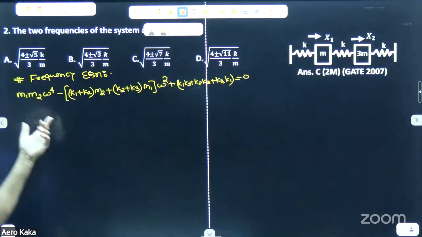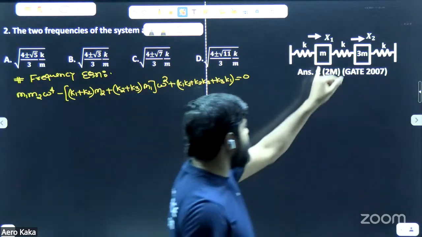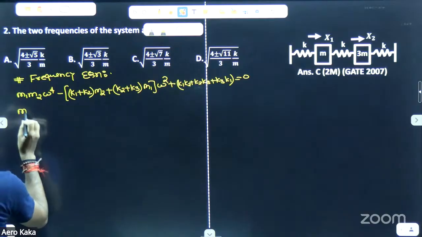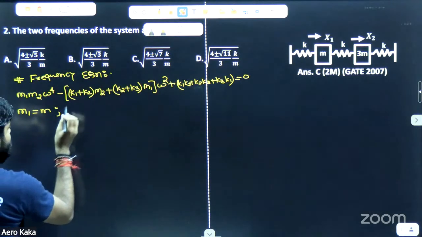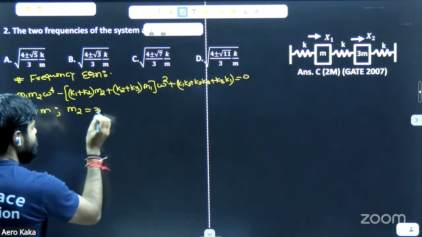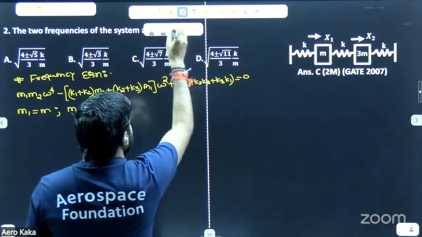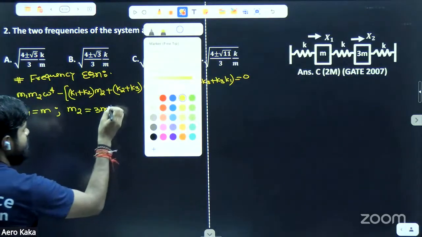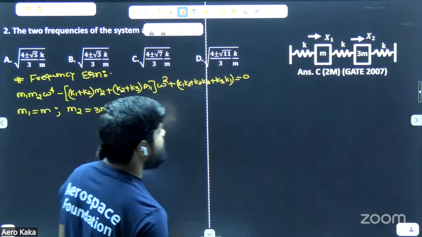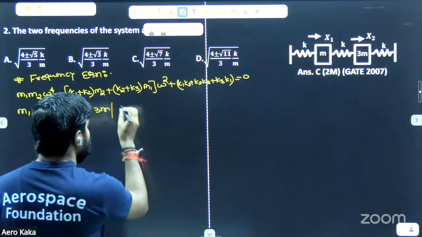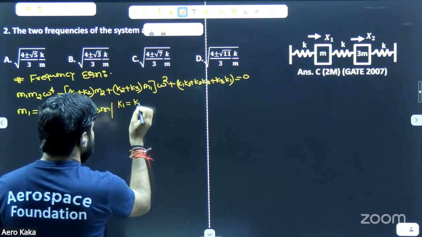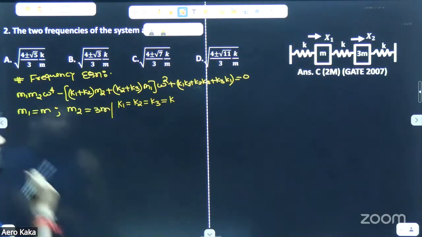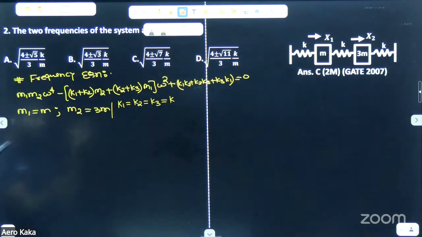Substitute what m1, m2, k1, k2, and k3 are. In this case, m1 is equal to m and m2 is equal to 3m, as given in this question. Then k1 is equal to k2 is equal to k3, given as k.